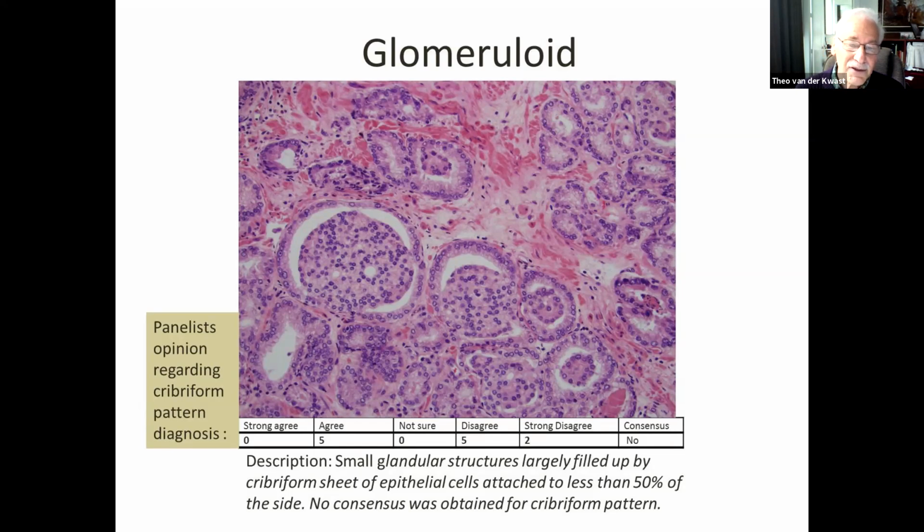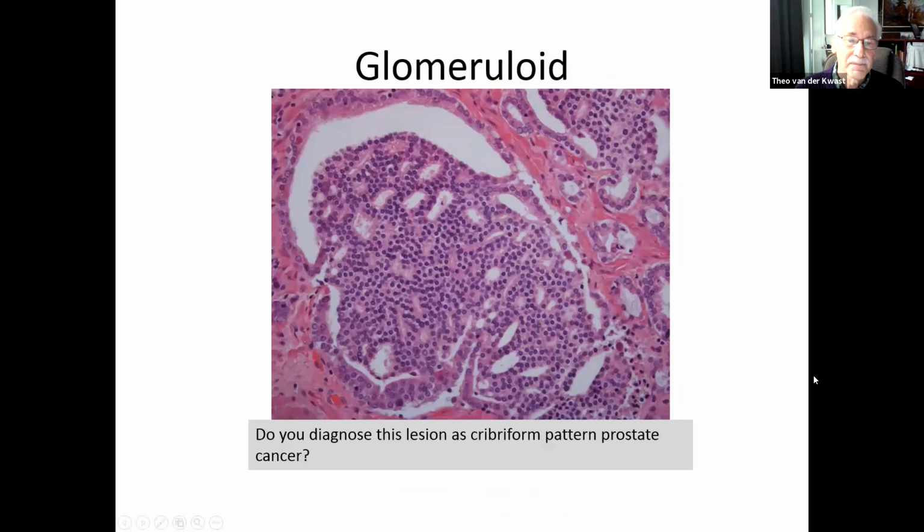The description is small glandular structures largely filled up by a cribriform sheet of epithelial cells attached to less than 50% of the site. No consensus was obtained apparently. And here's another one for glomeruloid. Do you diagnose this lesion as cribriform pattern prostate cancer? You can make up your mind, please.